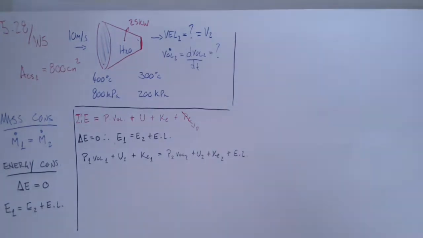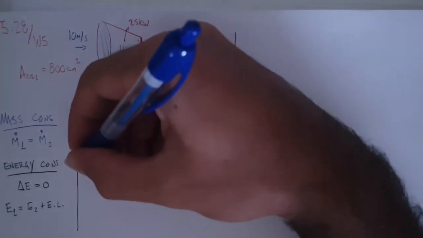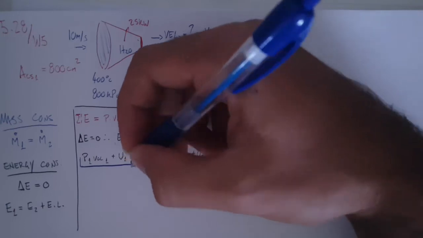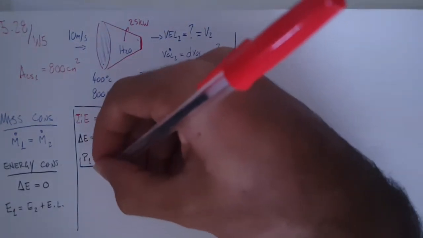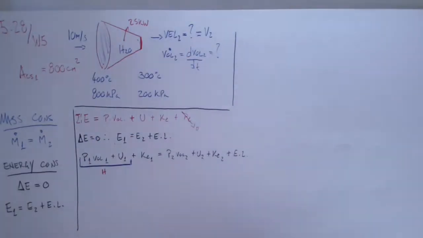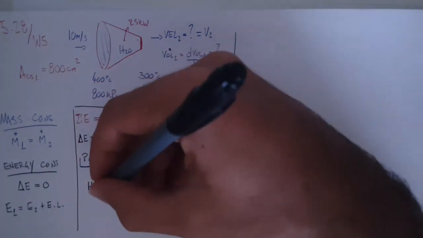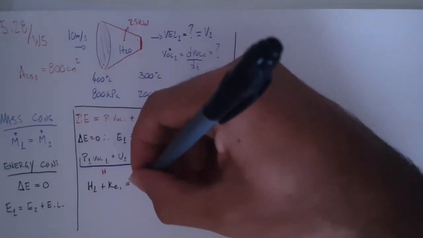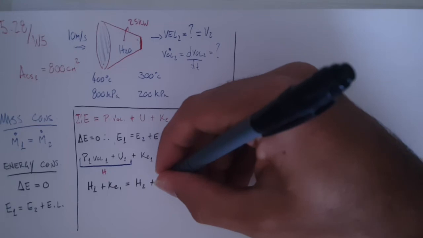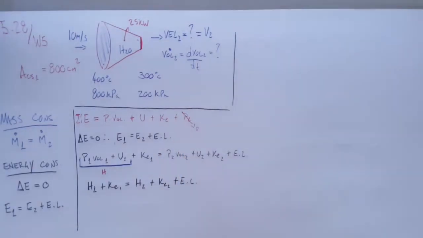So if you guys recall, the sum of internal energy and PV is precisely the definition of enthalpy, H. Okay, so we can substitute both sides by H, and then we have a simplified version, which is H1 plus kinetic energy 1 has to be equal to H2 plus kinetic energy 2 plus any energy that was lost during this process.